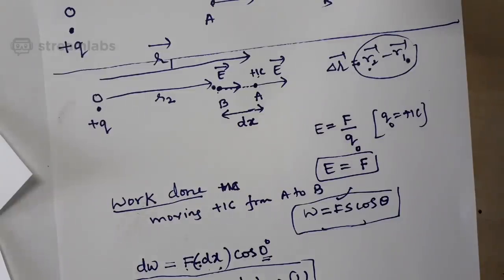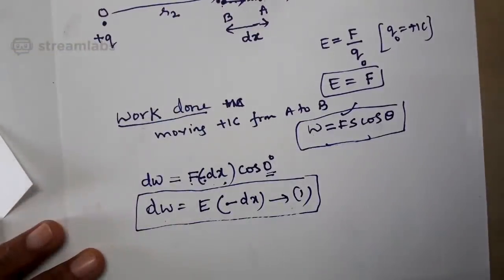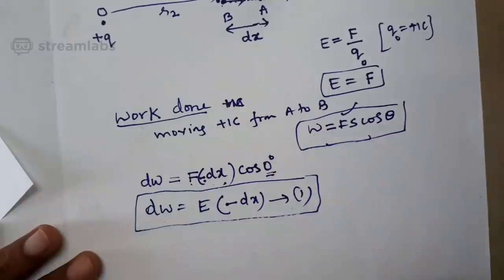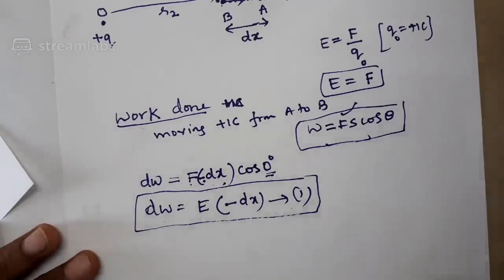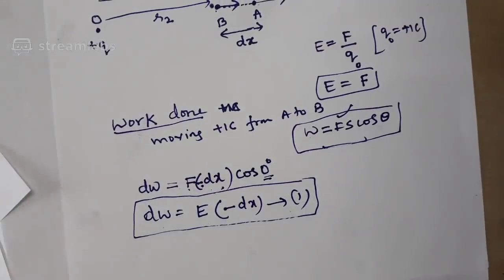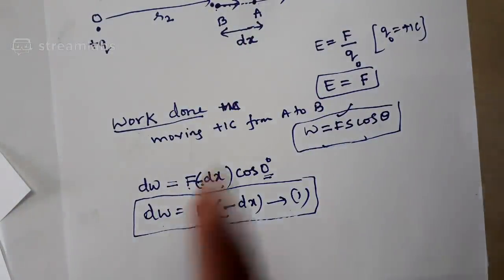But whether the potential at A and potential at B are the same? Electric intensity at A and at B are the same. Electric intensity anywhere between A and B is the same. But whether the potential at A and potential at B are the same? Obviously not. If they were the same, then how can there be work done in moving a plus 1 coulomb charge from A to B?